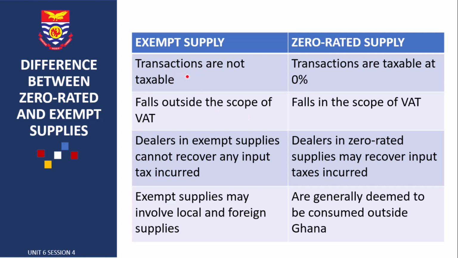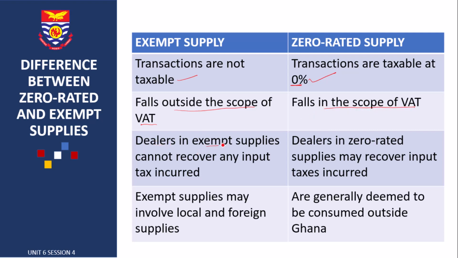Under exempt supply, transactions are not taxable. Under zero-rated, transactions are taxable and the rate is 0%. Exempt supplies fall outside the scope of VAT, while zero-rated supplies fall in the scope of VAT.